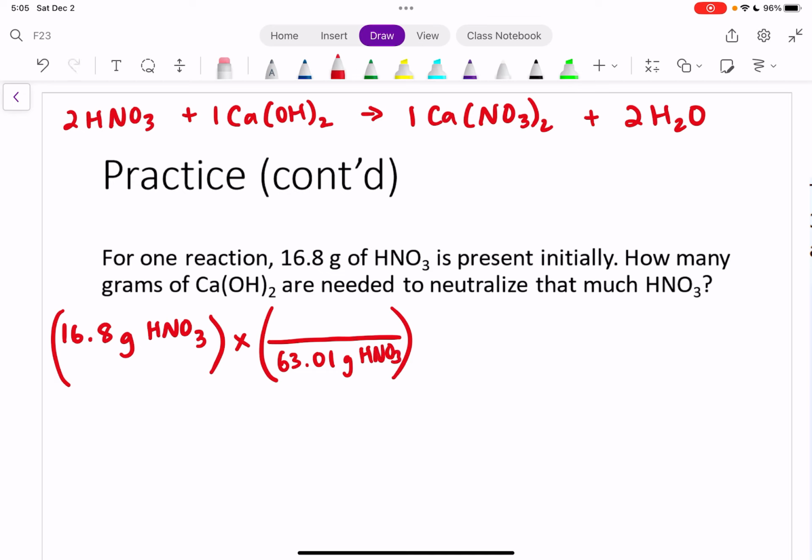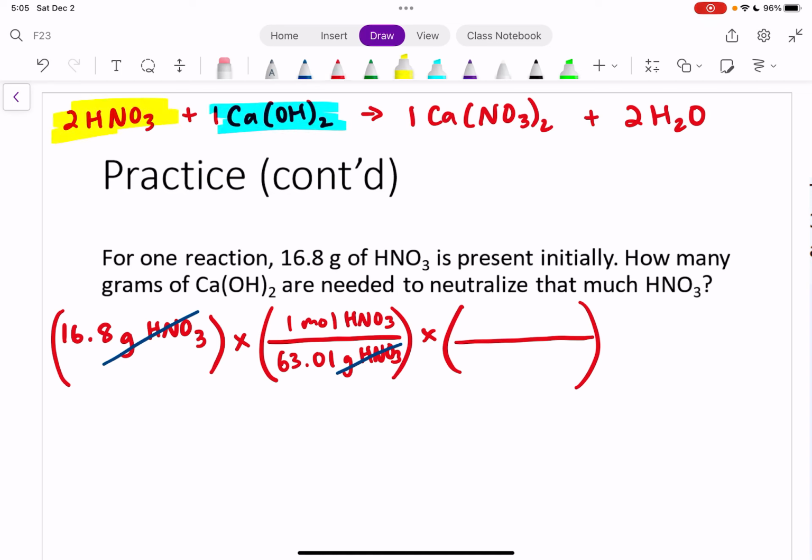HNO3 is 1 mole of HNO3, right? Just taking our molar mass. All right, so that allows us to cancel out those grams of HNO3. And now in our next step, we want to get to our other substance. Well, we're in moles of HNO3, and we want to get to moles of Ca(OH)2.